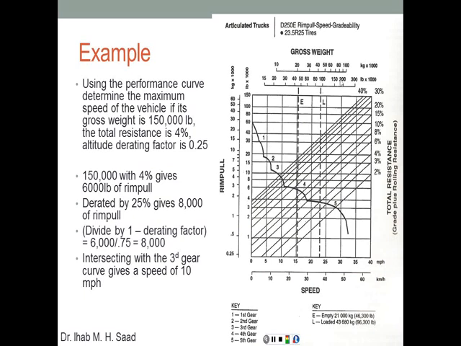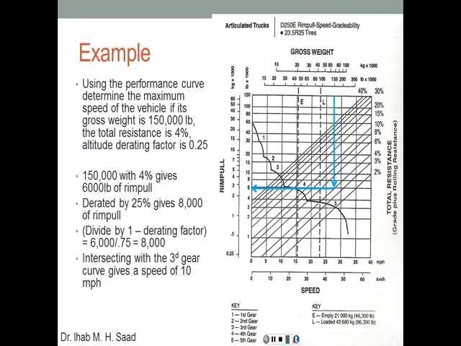The first thing that we can detect is 150,000 pounds. So the weight of the equipment is going to be 150,000 pounds, and we have an effective grade of 4%. So we're going to look at 150,000 and the intersection with the 4%. It means that for this equipment to overcome the resistance, it needs 6,000 pounds of rim pull.